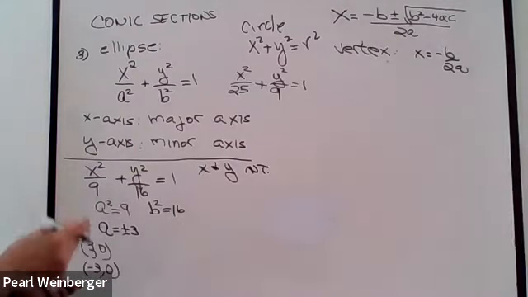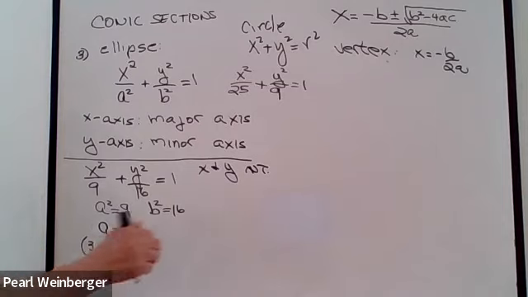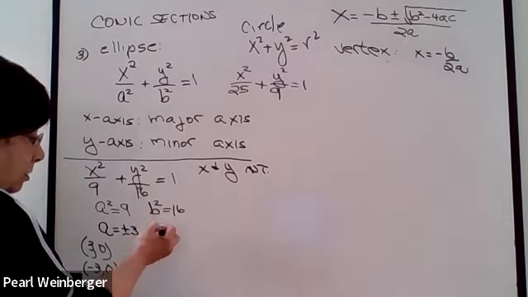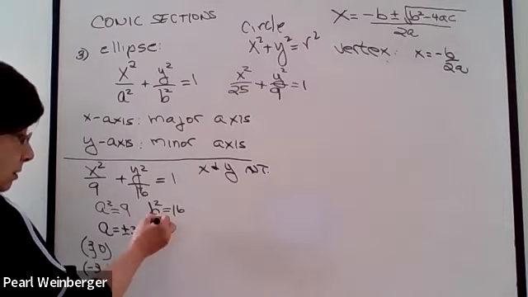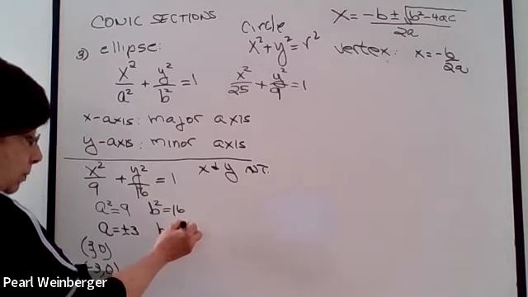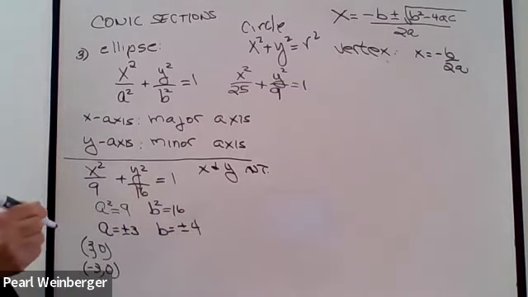Because when you have an x-intercept, your y is always 0. So the a is giving you the x value, and we know this is going to cross the x-axis at both 3 and -3. The b squared is 16, which means b will be plus or minus the square root of 16, which is 4.